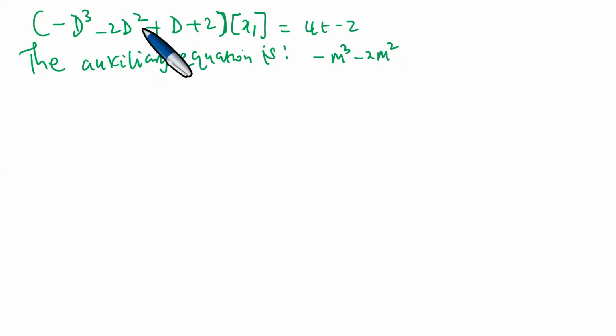The d becomes an m, and then here it becomes plus m plus 2. And we form a homogeneous equation, so this auxiliary equation is of the homogeneous.